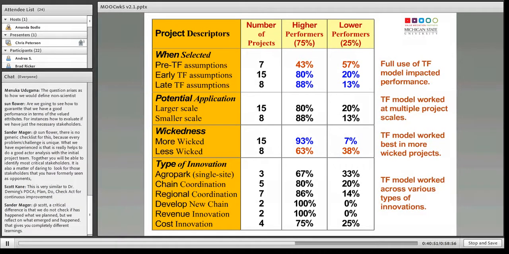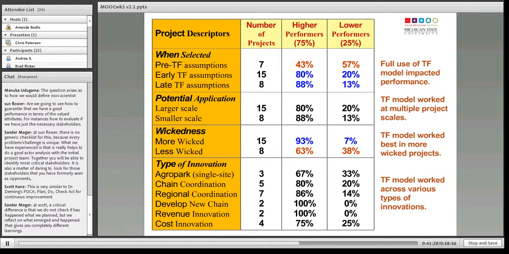The other thing that I attempted to do was divide the 23 into more wicked and less wicked projects. And interestingly enough, the more wicked the project, the better the Transforum model worked. What that suggests to me is that if you do have a standard project that can be solved by linear science, then you don't need all of the extra apparatus of multi-stakeholder engagement and innovation management.